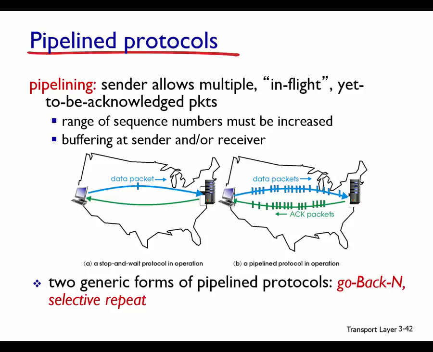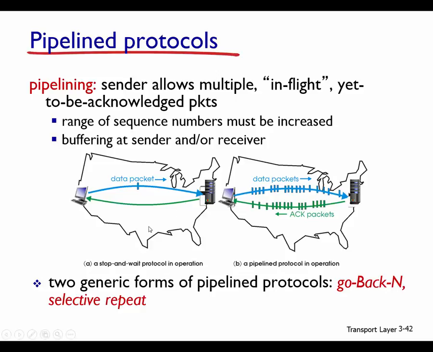So you have, in this first situation, the sender a great distance away from the receiver. The sender sends a data packet and then waits for an acknowledgement, then sends another data packet.